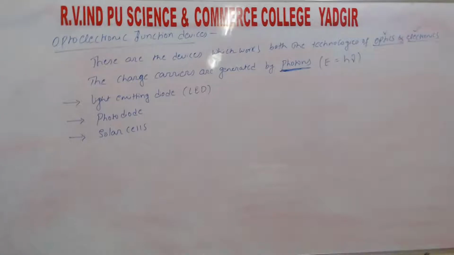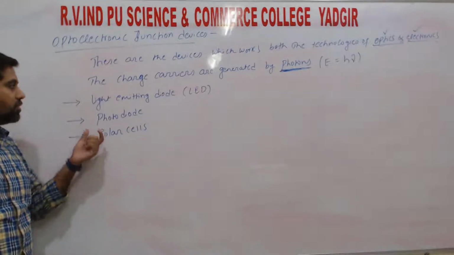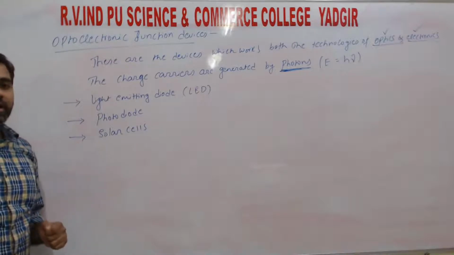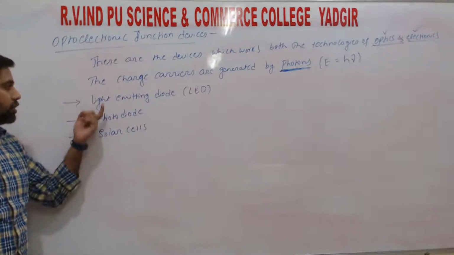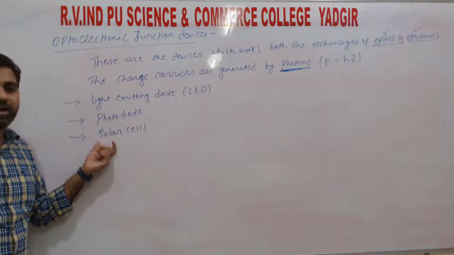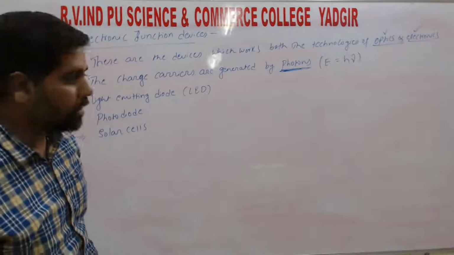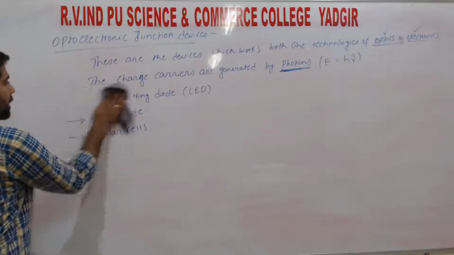These three we call optoelectronic junction devices, or optoelectronic devices. Now we will discuss one by one, starting with the light emitting diode.